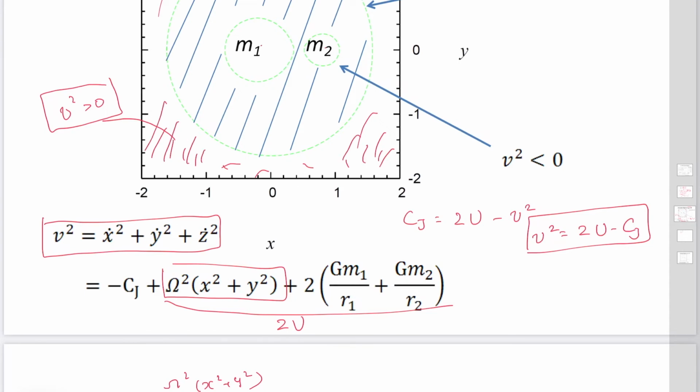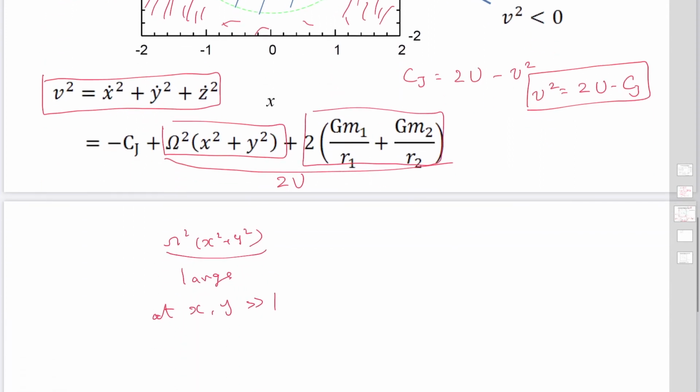If you consider the second term of the 2U, that is 2G m sub 1 over r sub 1 plus G m sub 2 over r sub 2. This becomes really large when r sub 1 is much smaller than 1, or r sub 2 is much smaller than 1.